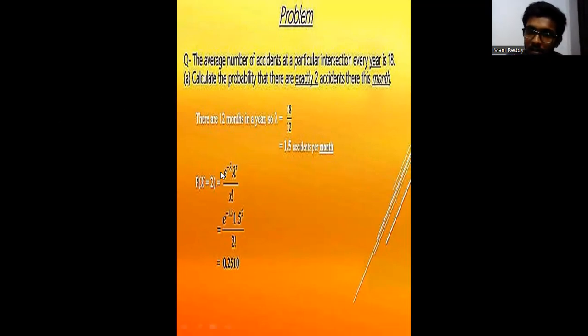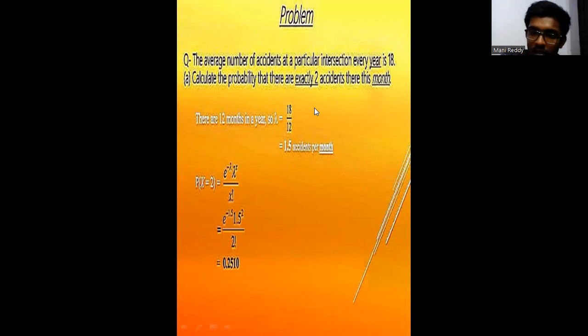First, we have to calculate the probability that there are exactly two accidents in a month. What is the probability of exactly two accidents in any month? Here the formula is e power minus lambda, lambda power x, by x factorial.